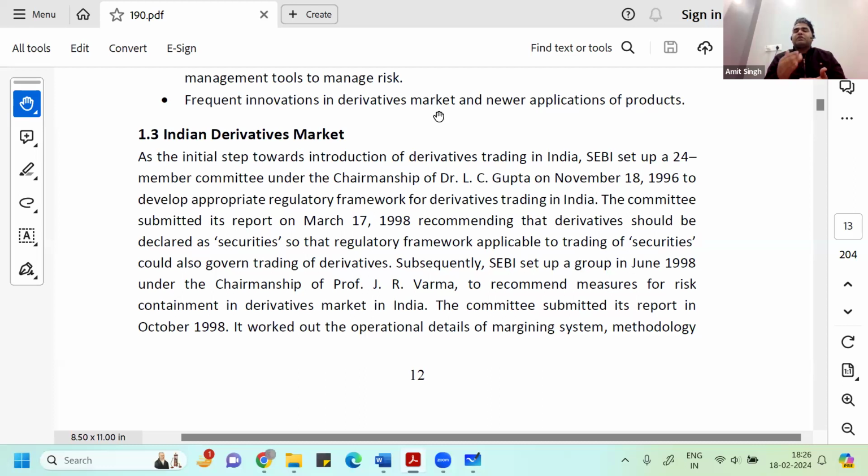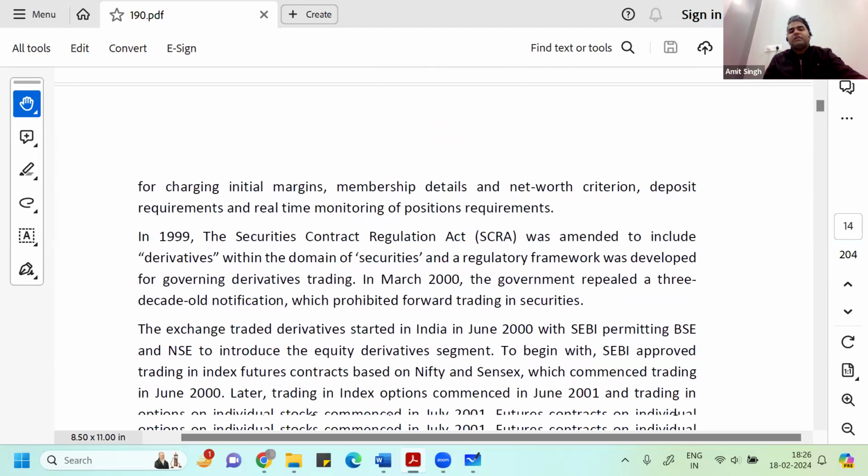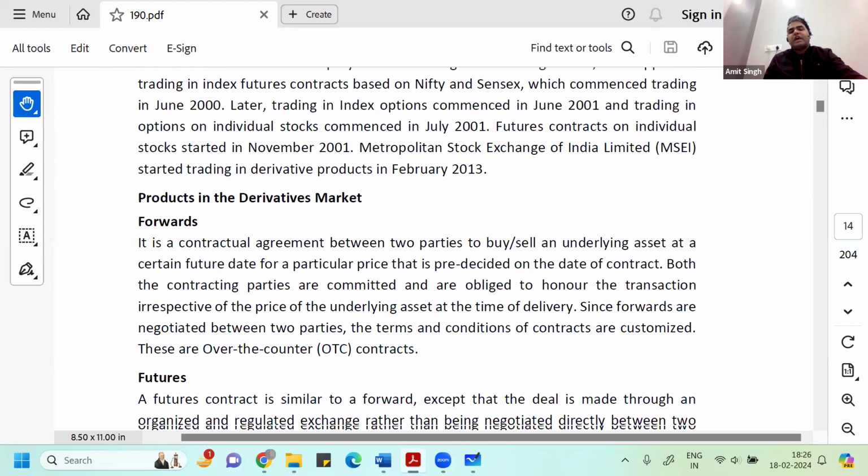Then the Professor J.R. Verma committee worked on the risk management mechanism, the way the exchange and broker should govern when derivatives start working, what the margin requirement should be, and how the risk management mechanism should work. So you should know the difference between them.